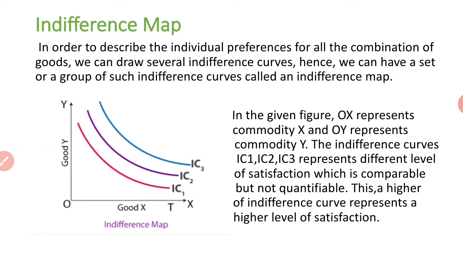The level of satisfaction for a consumer on IC1 is comparatively less than on IC2. In the same way, the level of satisfaction on IC2 is comparatively lower than when he gets to the higher indifference curve IC3.